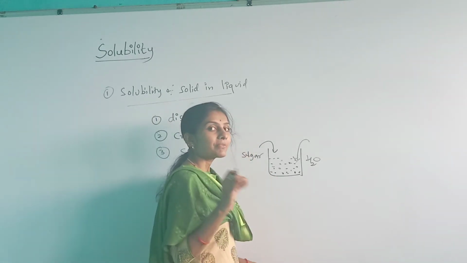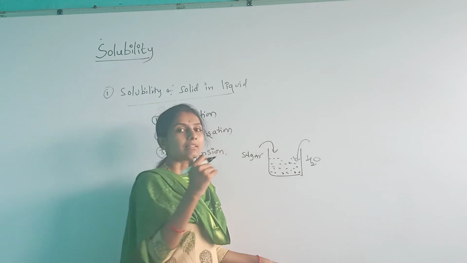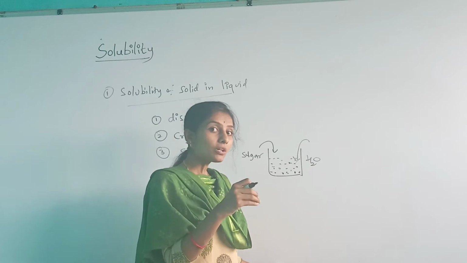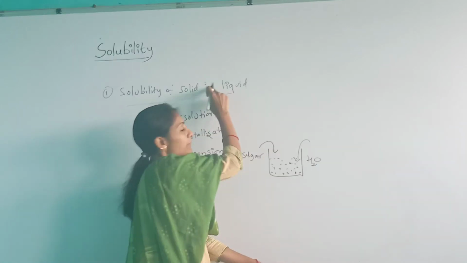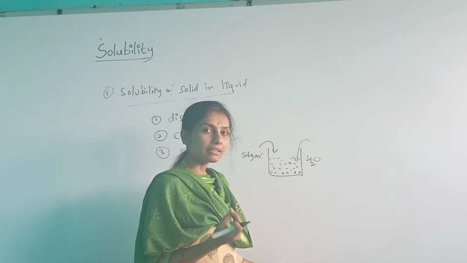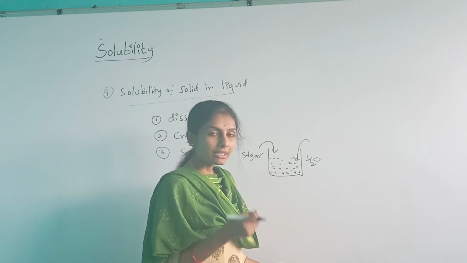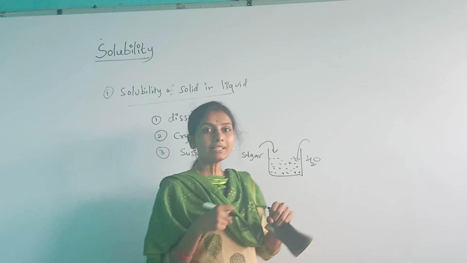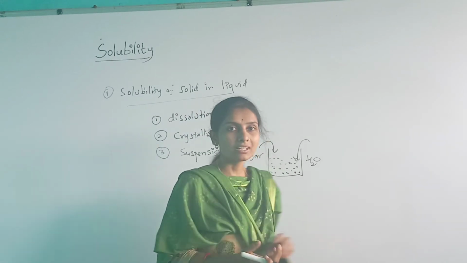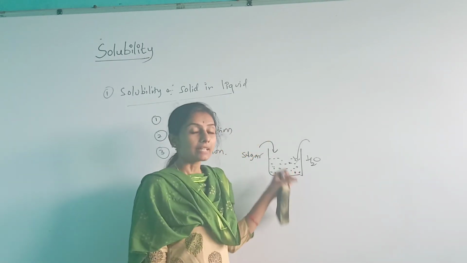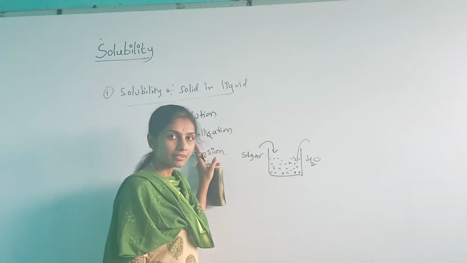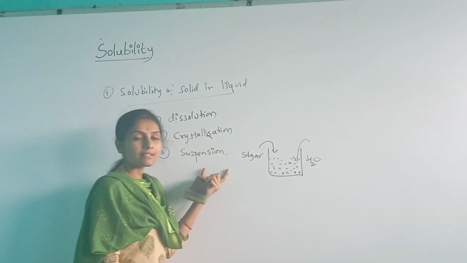How is it formed? Sometimes the amount of solute taken is more than its solubility. That time the solute particles collide with each other, forming a crystal. That process itself is called crystallization.